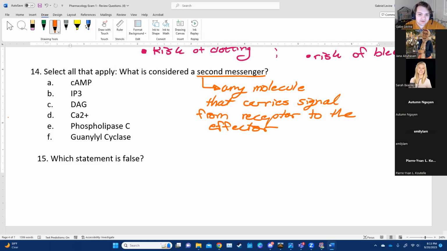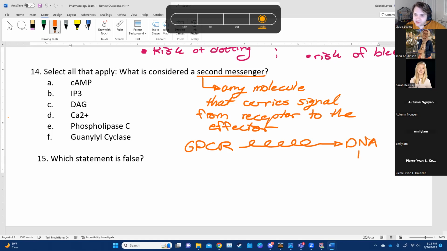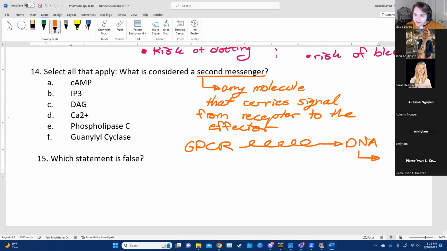So in many cases, this is the receptor, so the GPCR, whether that's GS, GI, or GQ. The ultimate result is that we get to DNA, which is going to cause protein synthesis. It's the ultimate response.